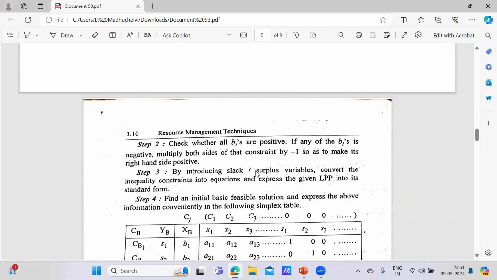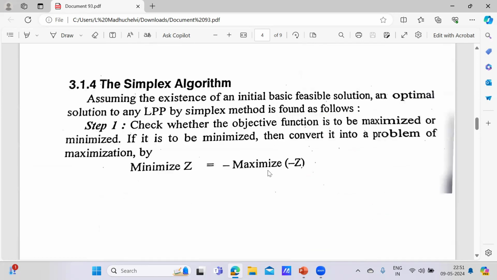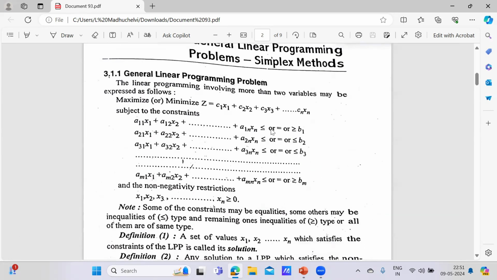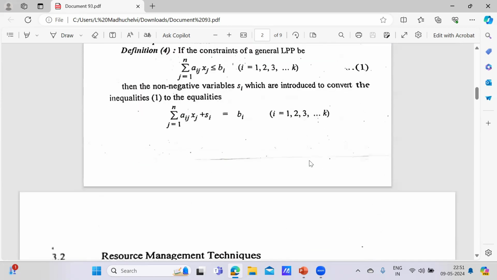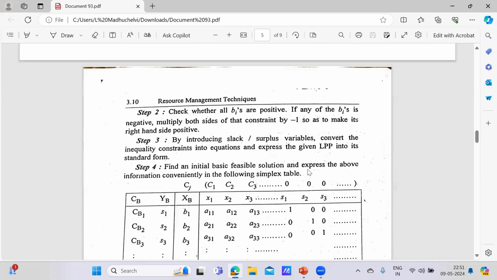Step 2, check whether all bi are positive. That is, all the bi. The bi are here. Then the general programming bi are these RHS variables b1, b2, b3, etc. So that all bi are positive.